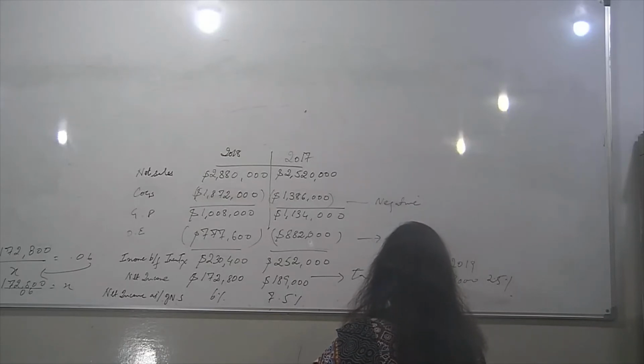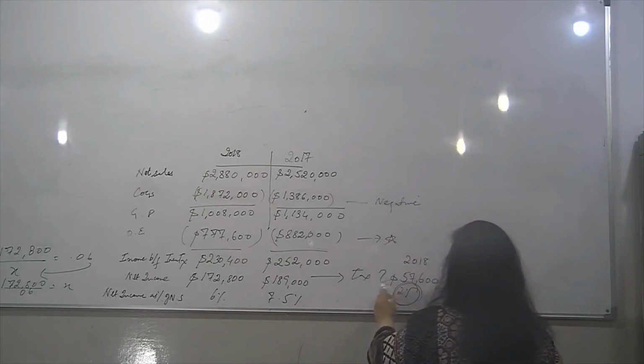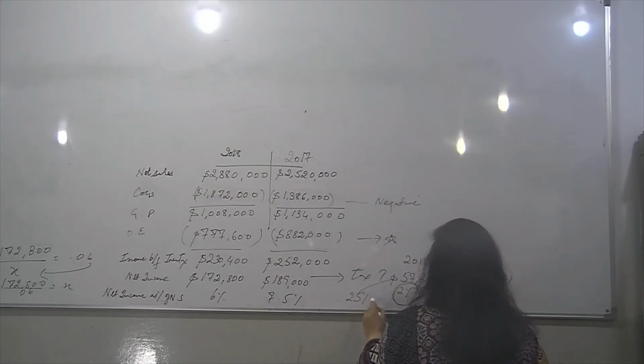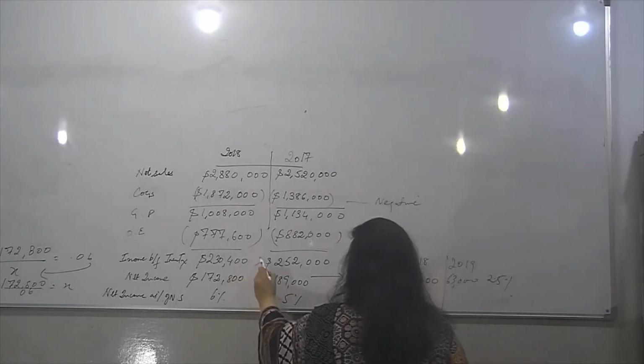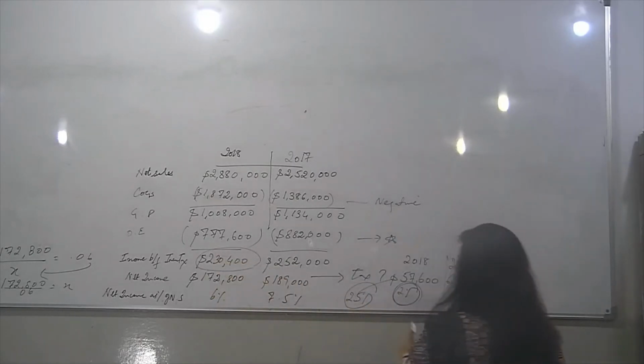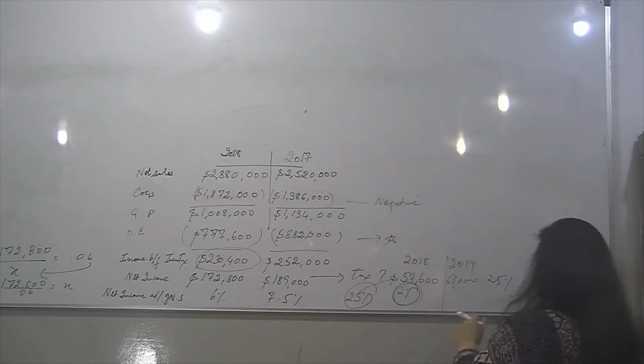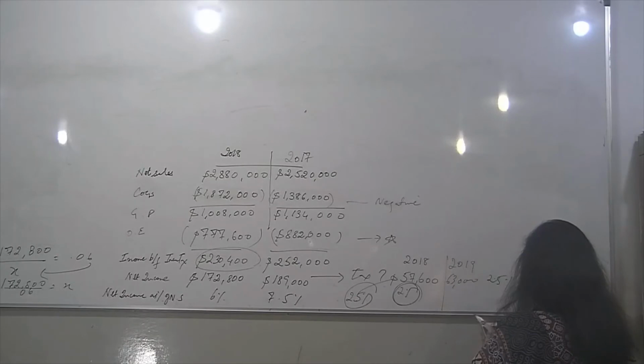So you can actually find out the percentage is 25% now. When you divide the tax value with this figure, you get 25%. And when you divide 63,000 by 252,000, you get 25%.